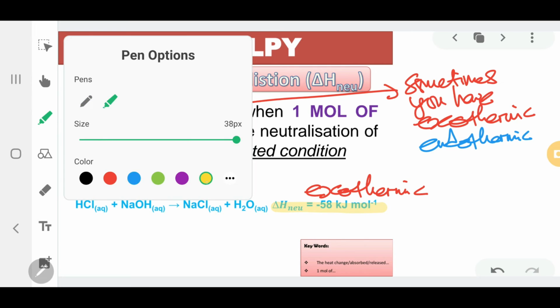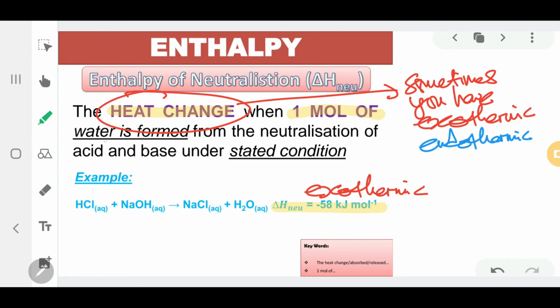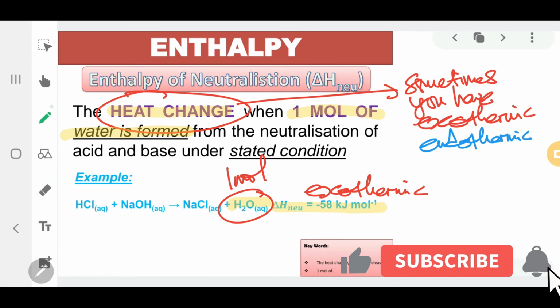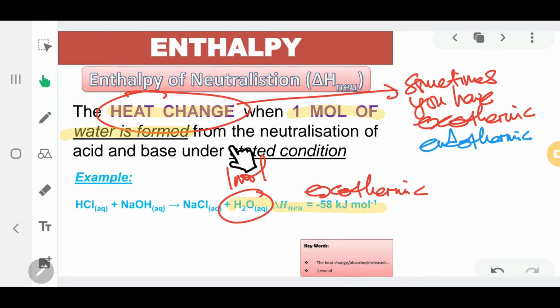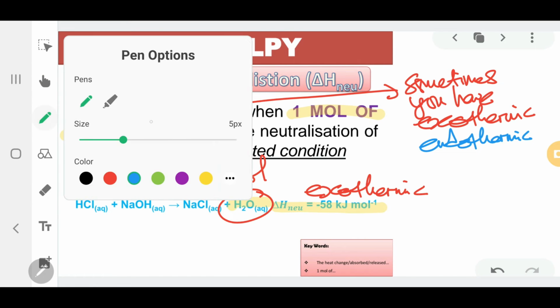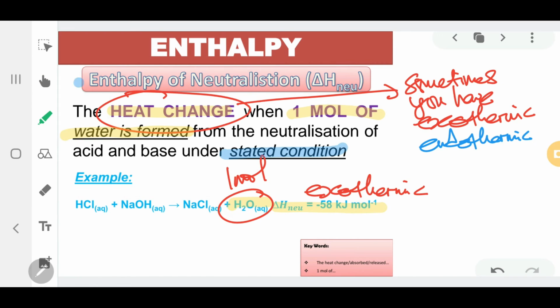Having said that, 1 mole over here is for the water being formed. So for enthalpy of neutralization, you need to make sure that this water here will be 1 mole. If you do not have 1 mole of water, it is not going to fit the definition of enthalpy of neutralization. Okay, from the neutralization of what? From the neutralization of acid and base under stated condition. Okay, stated condition because it's just enthalpy of neutralization.